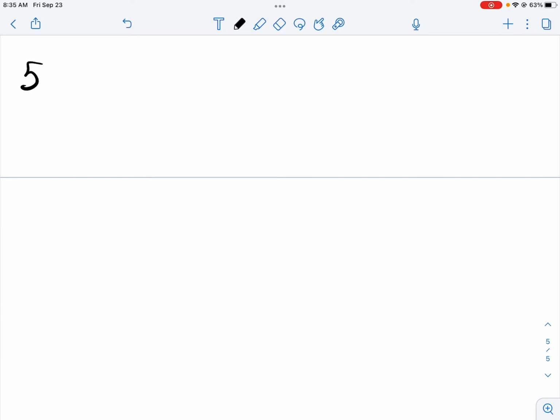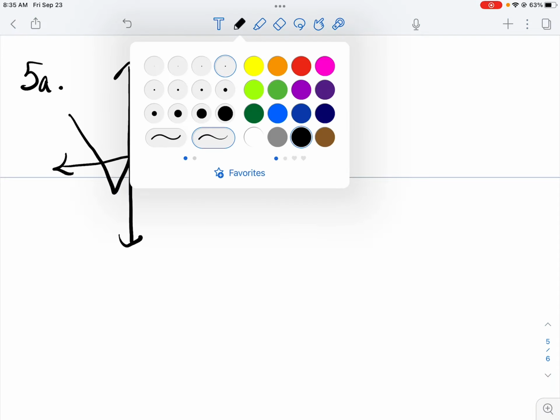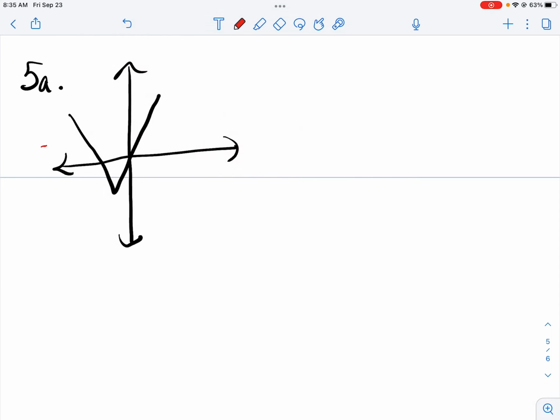Number 5 asks us to decide whether or not each relation is a function. And so part A, we have a V-shaped graph. I use the vertical line test to decide if something is a function. And a vertical line anywhere on this V-shape would only touch that V-shape at one point at a time. And so this one is a function because it passes the vertical line test.